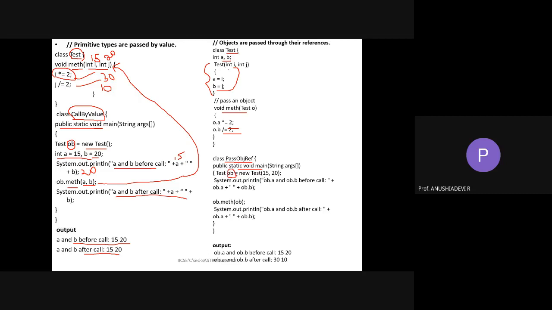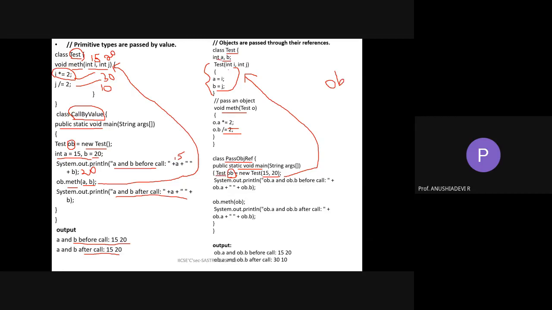Now this will call the constructor. So now that class data member, that is OB, I have created object OB, no? That OB has 2 members, because OB is the object of which class? Test class.